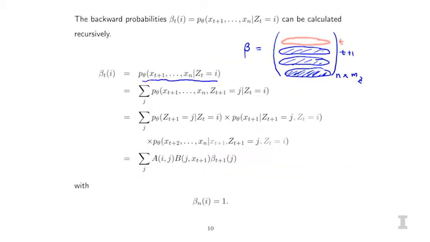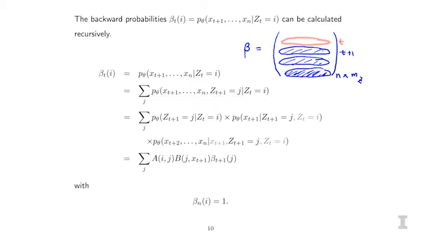So let's take a look at the calculation. By definition, beta_t is equal to this. So this is equal to a summation over j, where we add the latent variable at time t plus 1, and we sum over all possible values of z_{t+1}. And then we apply the chain rule.